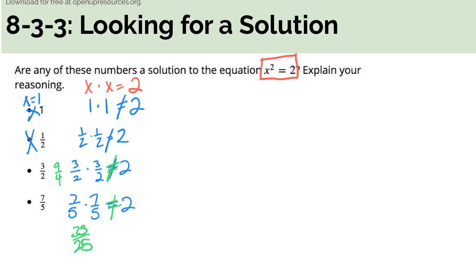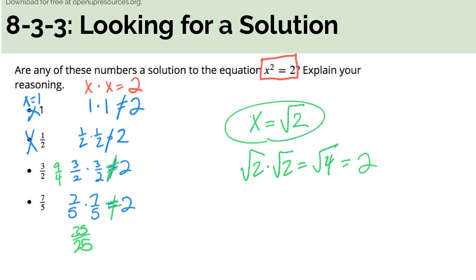And this brings us to the idea that there is no nice number that is going to make this equation true. So the only solution to this equation would be x equals the square root of 2, because the square root of 2 times the square root of 2 is going to equal the square root of 4, which is 2. So the only solution is what we call an irrational number.